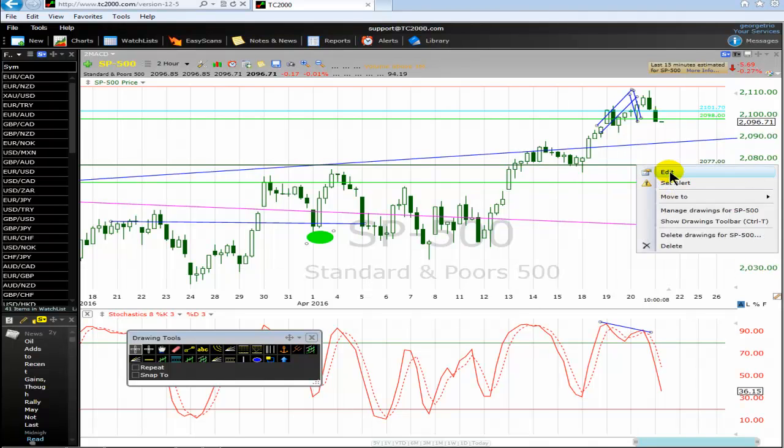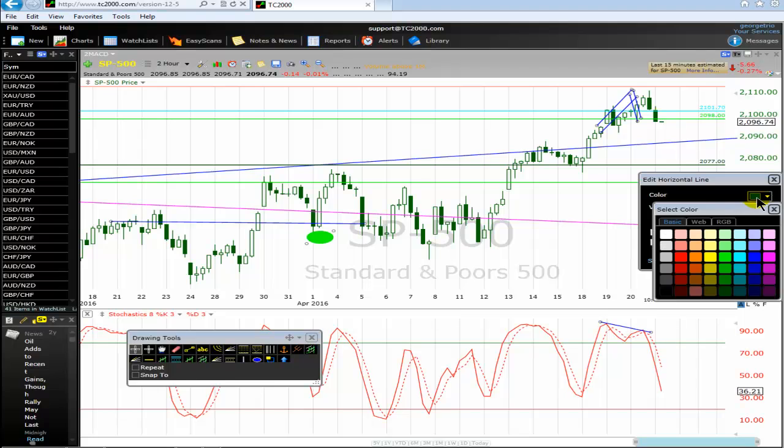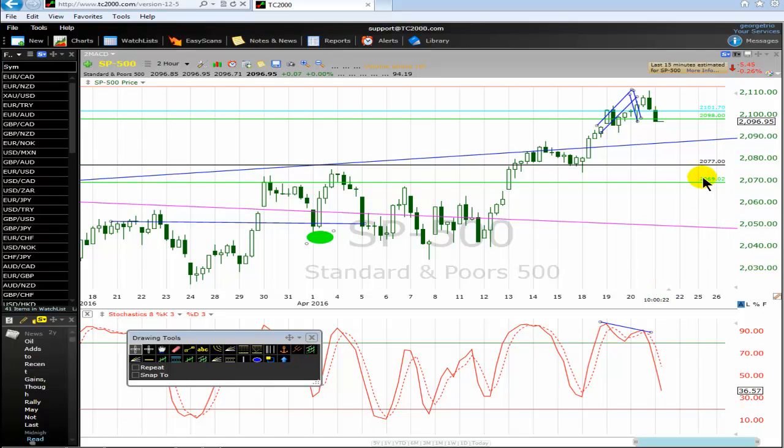I'm running out of colors now. Orange horizontal line, green, no, we have green already. All right, use black. So that's my target at 2077.